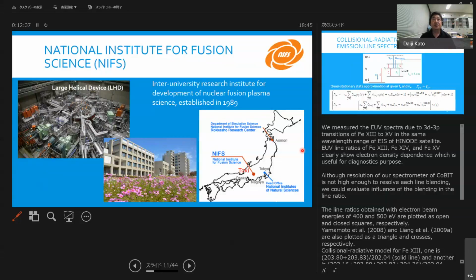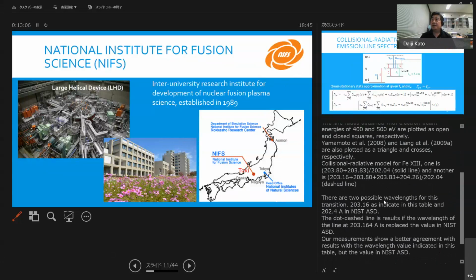This figure shows the results. The line ratios obtained with electron beam energies of 400 and 500 eV are plotted as open and closed symbols. We also plotted the previous results by Yamamoto and Yang for Fe 13. Collisional radiative model calculations for the line ratios are plotted by curves.